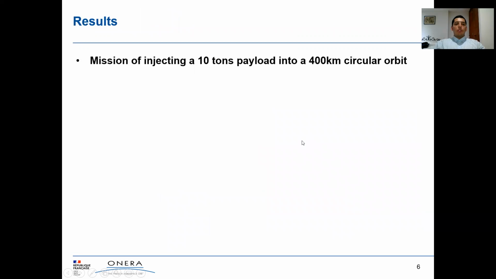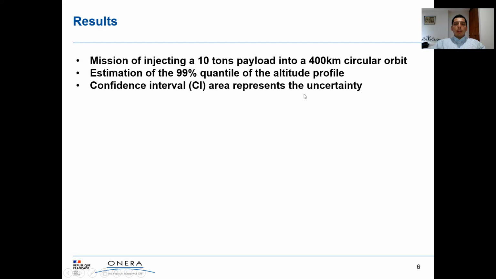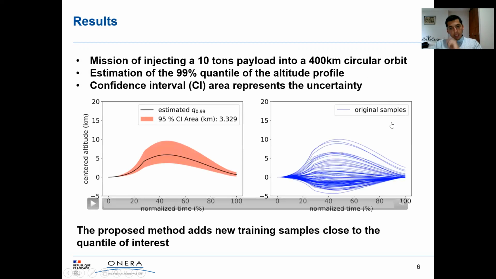I'm going to show you some of the results for a mission of injecting a 10 tons payload into a 400-kilometer circular orbit, and to estimate the 99% quantile of the altitude profile. It's important to notice that the confidence interval area represents the uncertainty on the estimated quantile. So here on the right, I show the original training set composed of 200 trajectories.